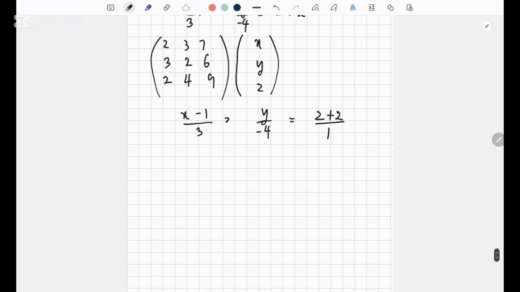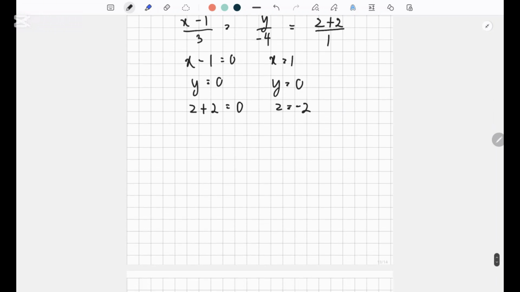First step, focus on the numerators. So you write x minus 1 equals 0, y equals 0, z plus 2 equals 0. So all the numerators equate to 0. So x equals 1, y equals 0, z equals minus 2. I'm making silly mistakes.